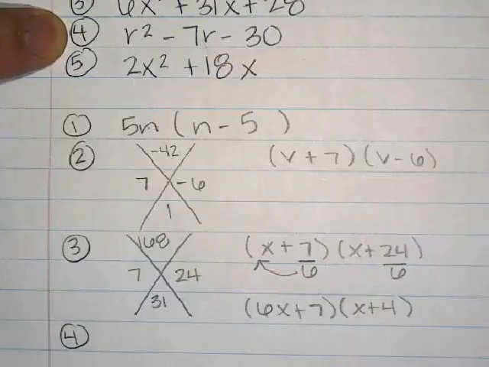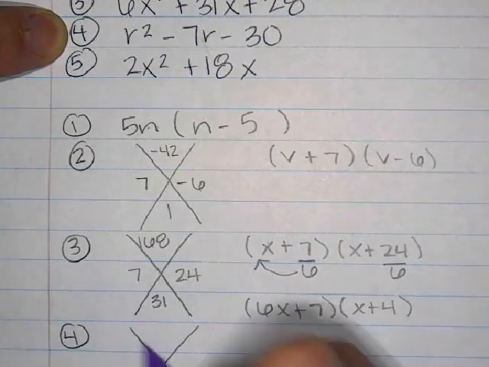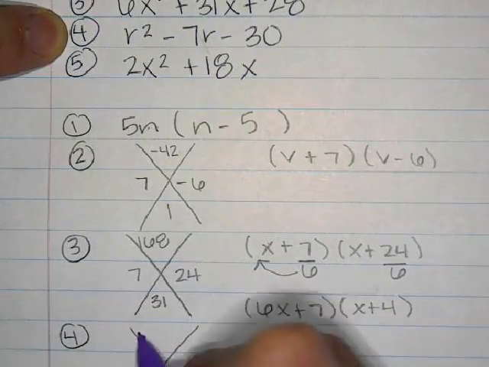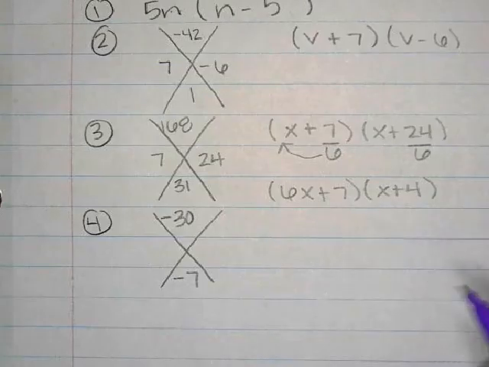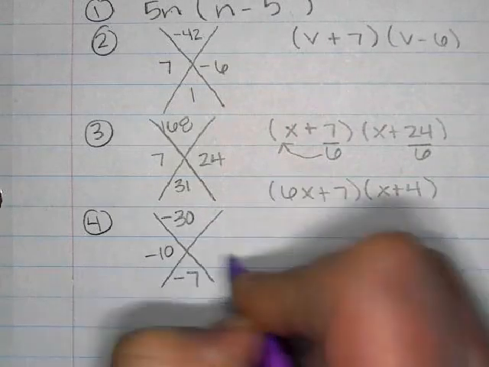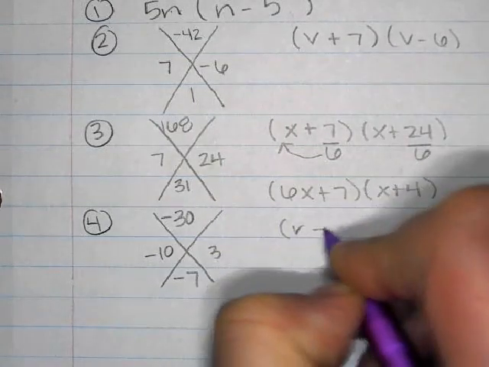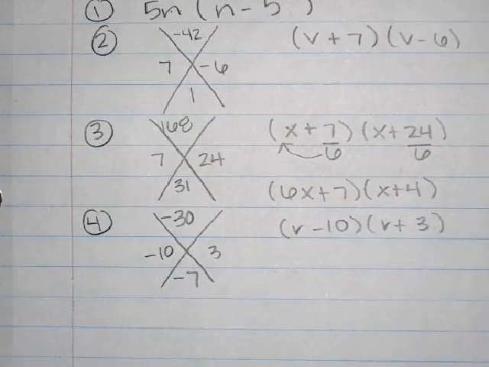Fourth one. This one's just a regular x problem. We're looking for two numbers that multiply to negative 30, but add to negative 7. Negative 10 and 3. So r minus 10, r plus 3. Okay.